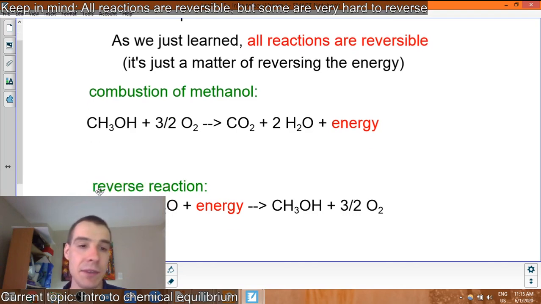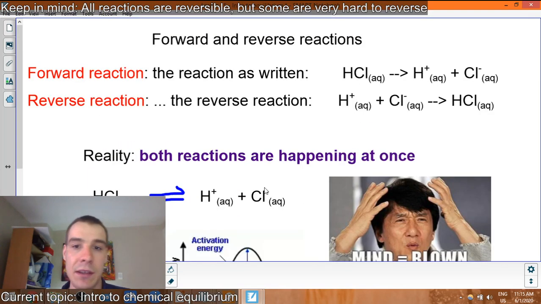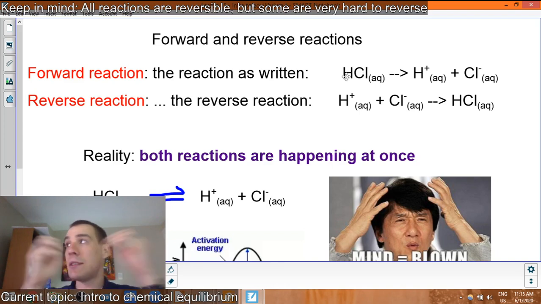They're all reversible. And if they're all reversible, then there's a forward reaction and then there's a reverse reaction. And this depends on how it's written. There's no official way to write a reaction. So here, for example, is HCl together versus H and Cl apart, right? That's a reaction.